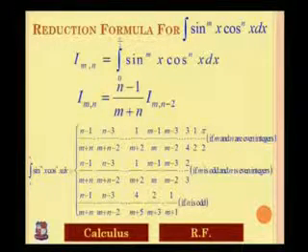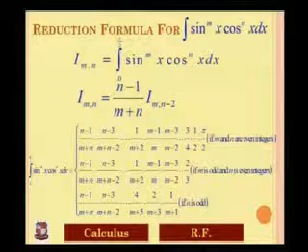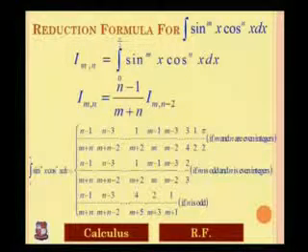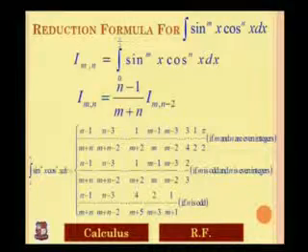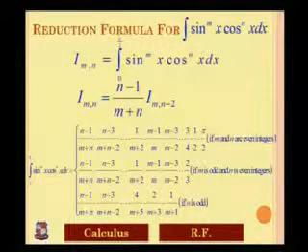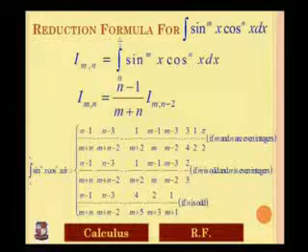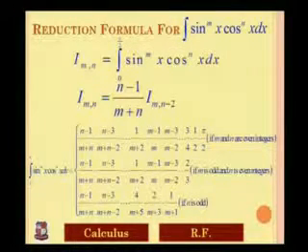In the last reduction formula, we had only two cases. Here we have three cases on m and n. If both m and n are even, then we have the first result. If m is odd and n is even, then we have the second result.